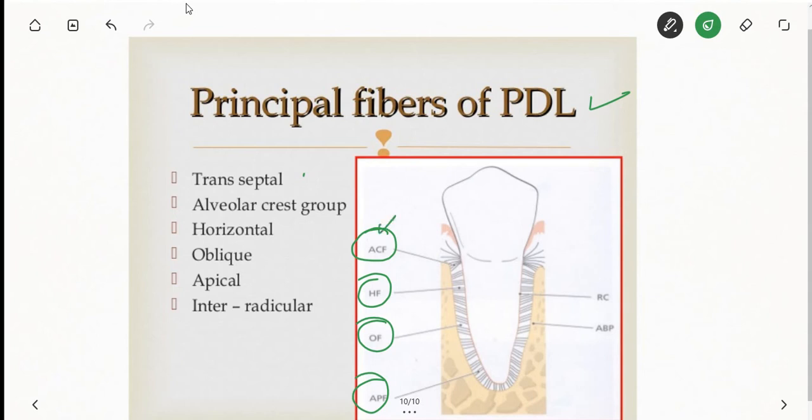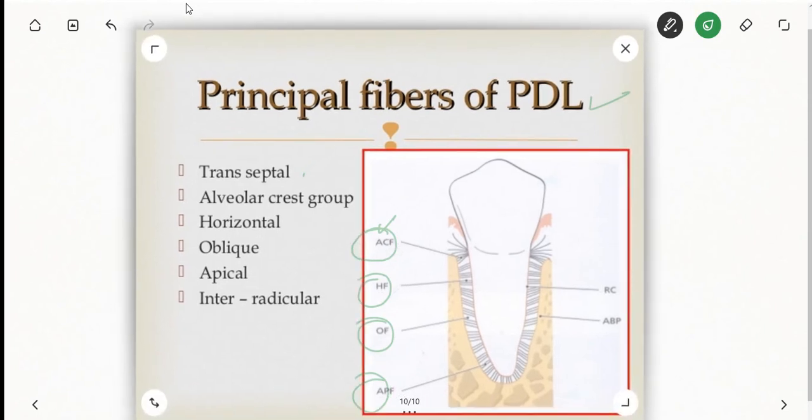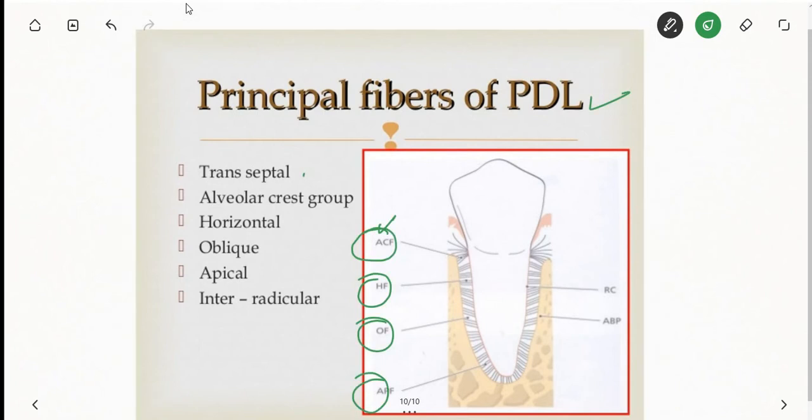So first comes the alveolar crest fibers. These fibers originate from the crest of the alveolar process to the cervical part of the cementum.